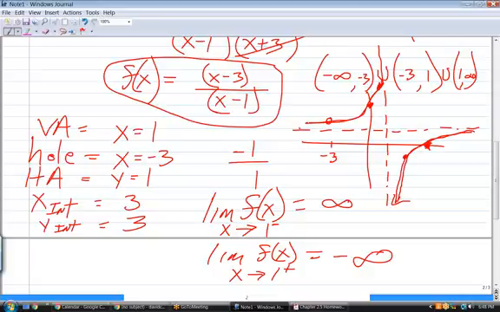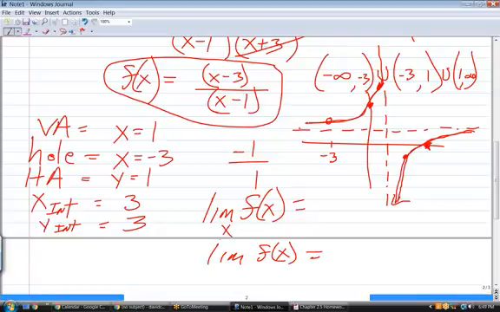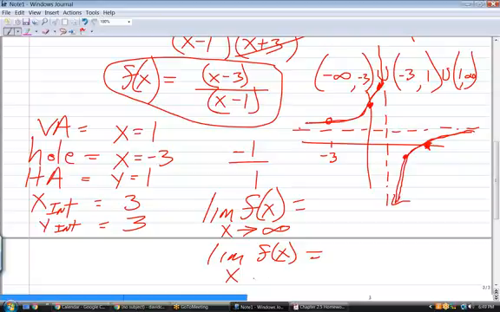Actually, we are. My mistake. We're looking at the limit. I'm going to erase this just so we get it all on the same page. Okay. I'm looking at the limit of f of x. Horizontal asymptotes mean as x goes to infinity or as x goes to negative infinity. That's what your horizontal asymptote is always.